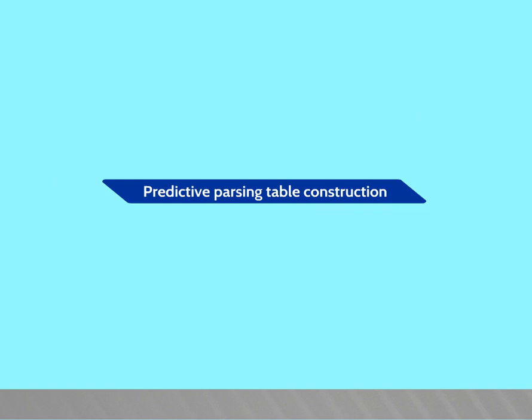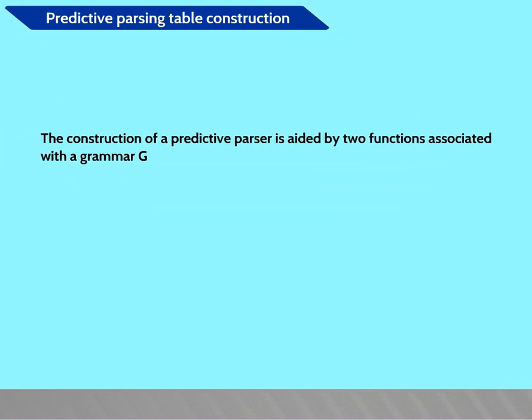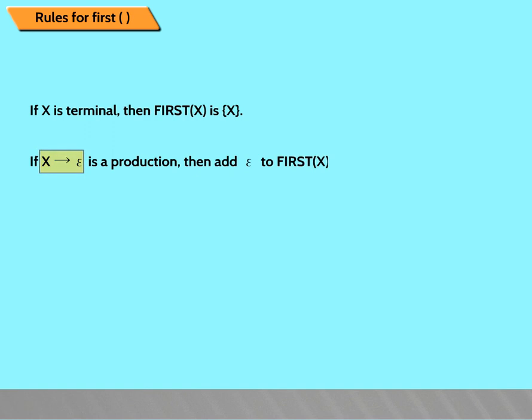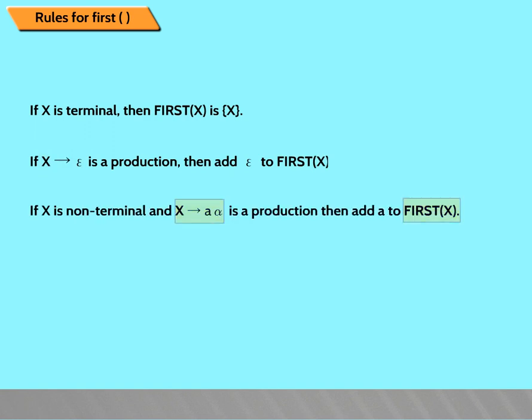Predictive parsing table construction. The construction of a predictive parser is aided by two functions associated with a grammar G: FIRST and FOLLOW. Rules for FIRST: if X is a terminal, then FIRST(X) is X. If X → ε is a production, then add ε to FIRST(X). If X is a non-terminal and X → aα is a production, then add a to FIRST(X).